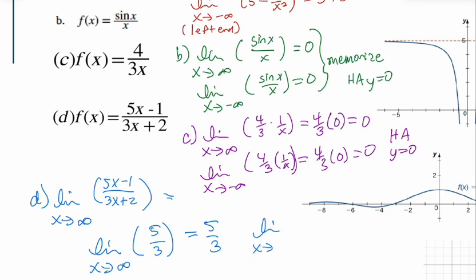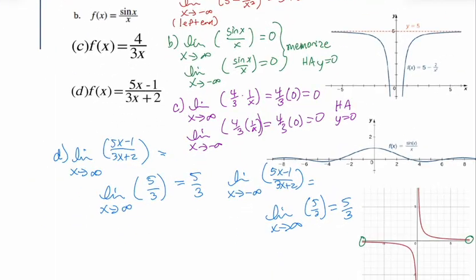The same rule would apply for the left end behavior because the top will go to negative infinity and the bottom will go to negative infinity. Negative infinity over negative infinity is a candidate for L'Hopital's rule. What's the derivative we just found? Same derivative. So it'd be 5/3. The limit of a constant is just the constant.